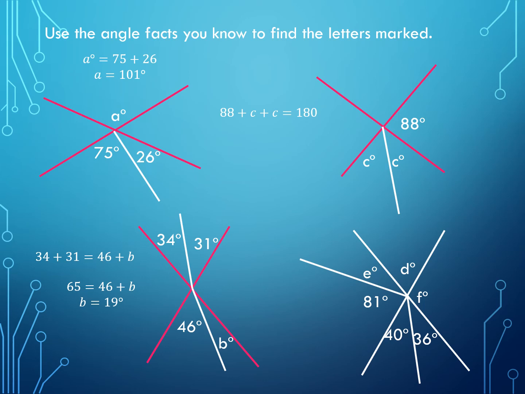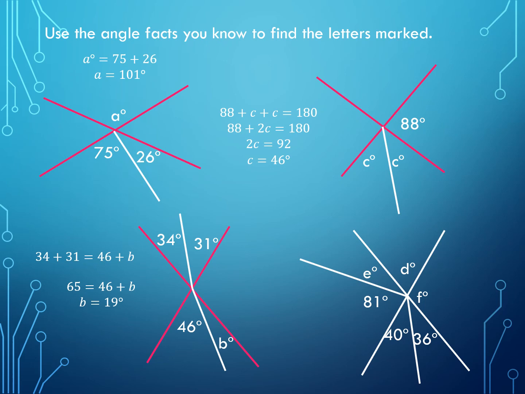And because I've got the same letter there twice, I know that those angles must be the same. Tidy up what I've already got first, so 88 plus 2C equals 180. Next, we're going to subtract 88 from both sides, and so that means 2C needs to be 92. And if 2 lots of C is 92, 1 lot of C is 46. So my missing angle there in each case is 46 degrees.